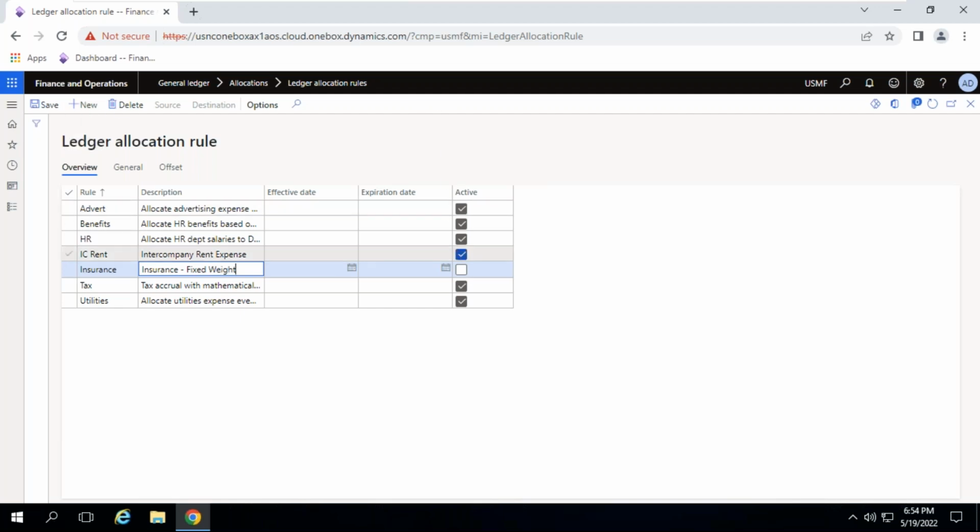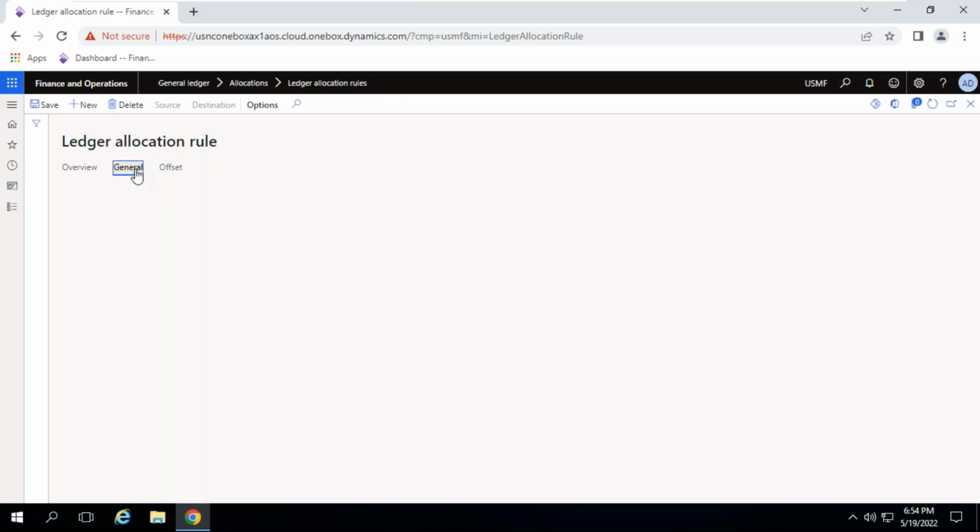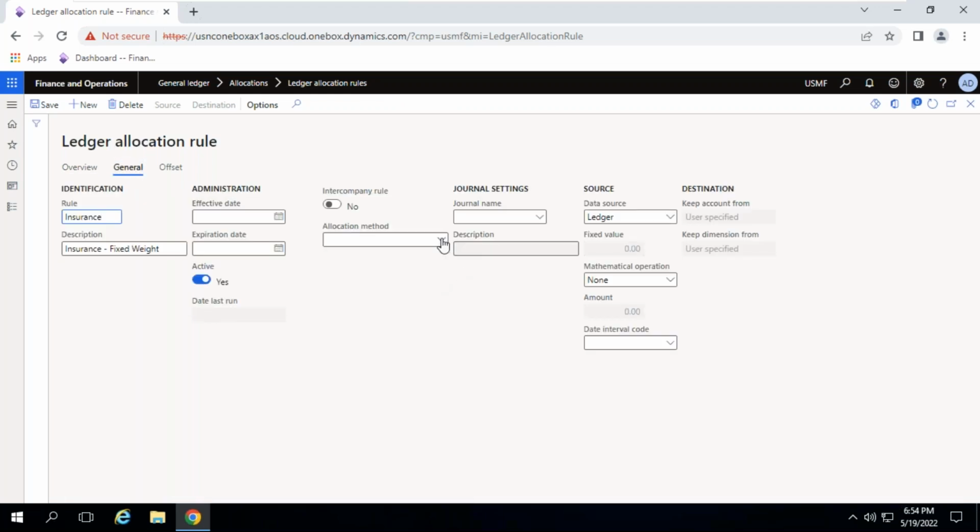You can enable this, activate. Go to the general tab, and from the allocation method, I'm using the fixed weight method. There are 4 methods available: basis, fixed percentage, fixed weight, equally. So we need to select fixed weight.